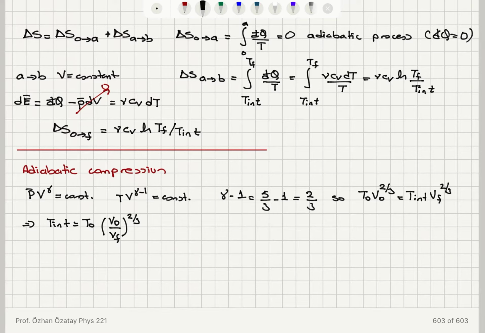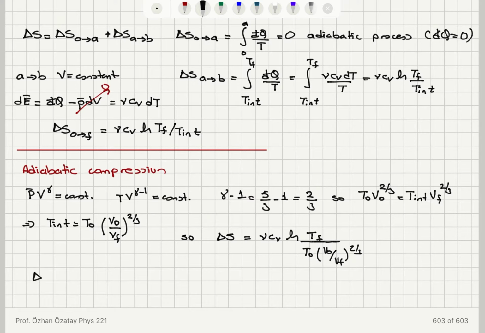So therefore, I can write for the entropy change, delta S will be equal to nu CV natural logarithm T final divided by T intermediate, where T intermediate is T0 V0 divided by V final to the power 2 over 3.